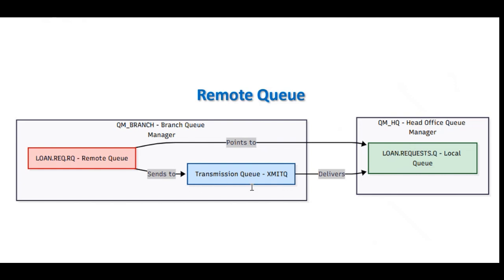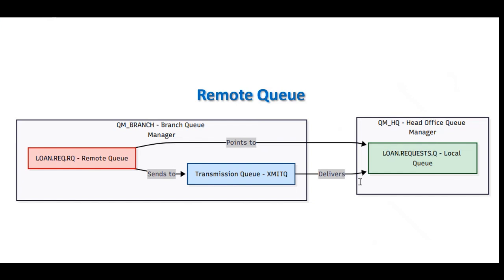So messages will only be temporarily stored in the transmission queue, if the remote queue manager is unavailable, or the communication or the network channel is down. So the transmission queue stores the messages only on a temporary basis, in what cases? If the remote queue manager is unavailable, or if the communication link is down.